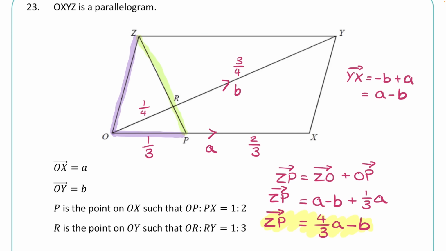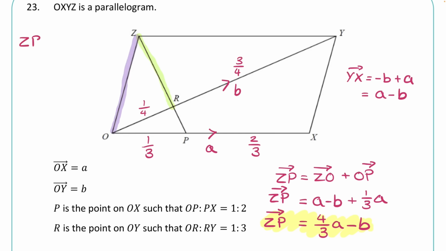I now need to look at the next one. So let's get rid of all this highlighting because now we need to have a look at the vector Z to R. So how could I get from Z to R? Well, I can go from Z to O, which we've just worked out. And let's write this down.